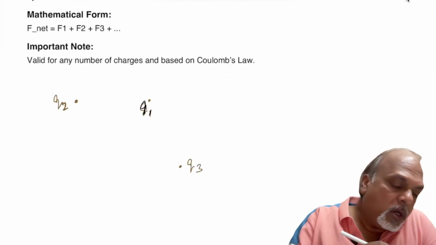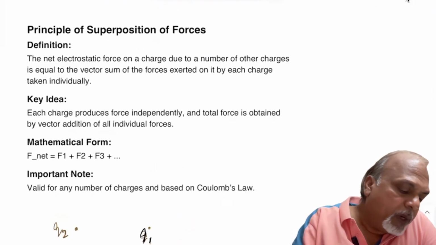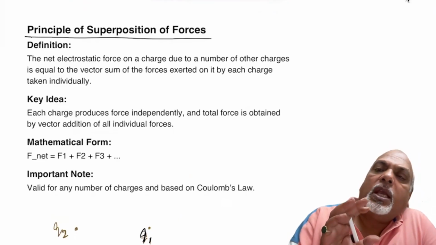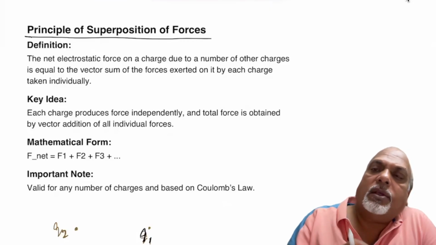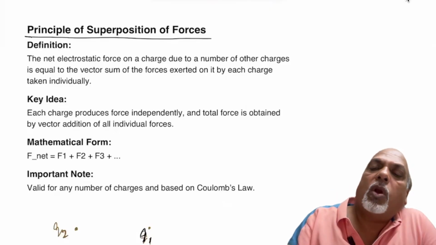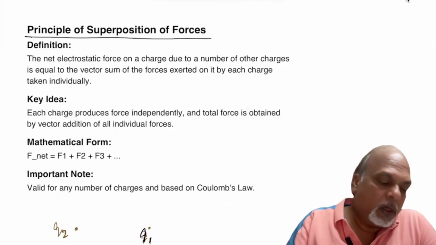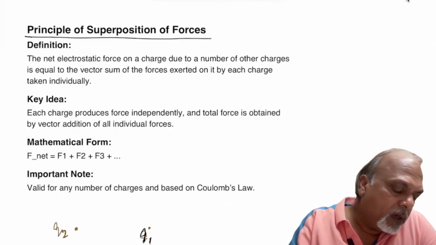correct? So, here comes the principle of superposition of forces. Means we have to find out the forces due to the other charges, and we will take the vectorial sum of the forces, correct? So let us see the theoretical part of it.